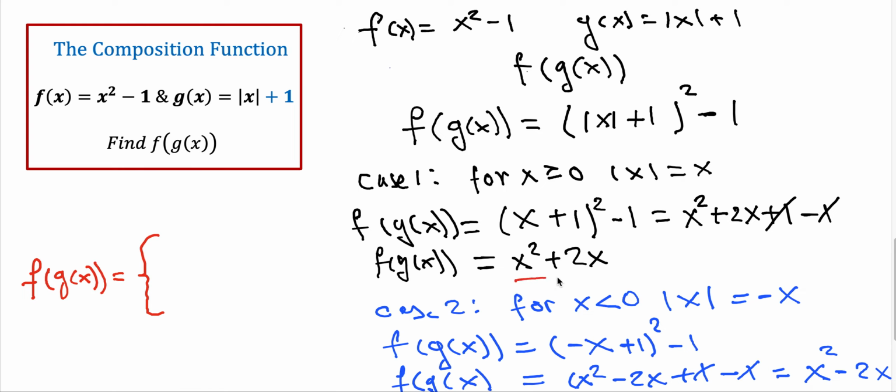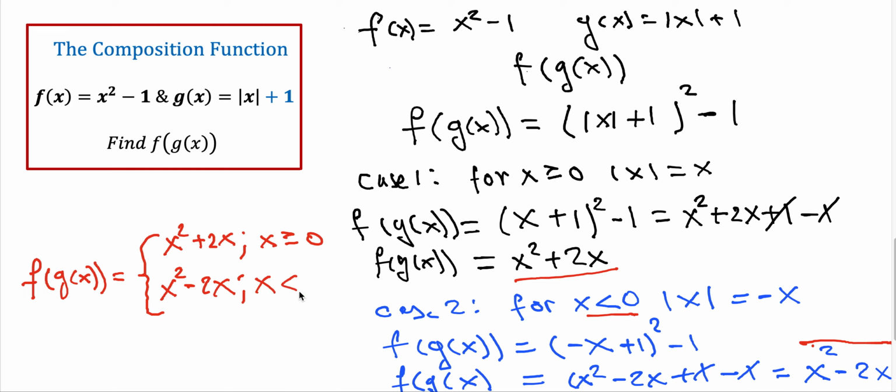First of all, I'm taking this part here, x squared plus 2x, for x greater than or equal to 0. And now I'm taking the second case, f of g of x is x squared minus 2x when x is less than 0. And now we wrote this composition function in terms of a piecewise well-defined function.